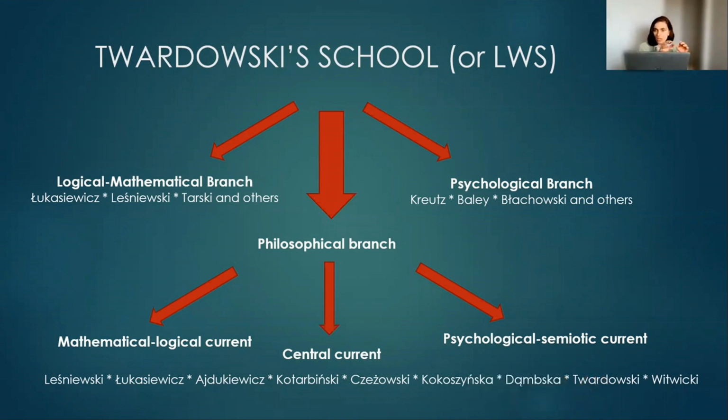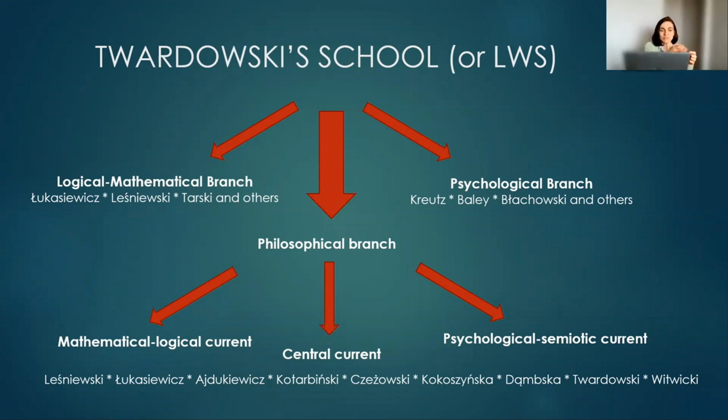Yeah, and the most important branch is philosophical, but philosophy in the school was also made in different ways. It was made by some of the members more like with mathematical logical currents, and now when we consider Leśniewski's systems as axiomatized ontology, we may say that this is a philosophical result, but made in this mathematical logical current.